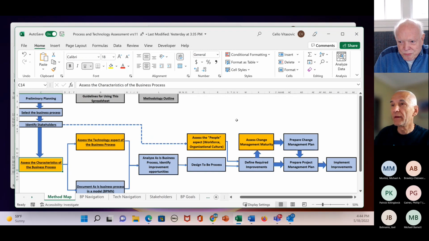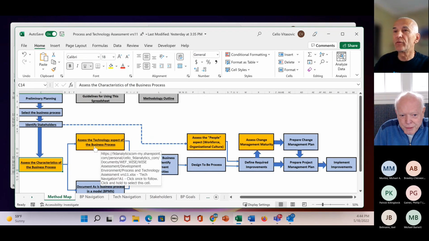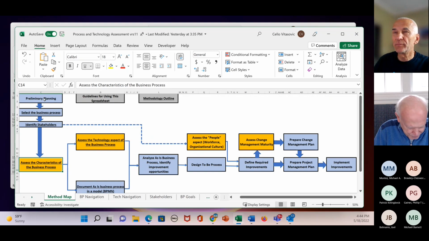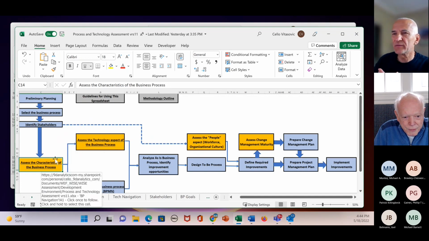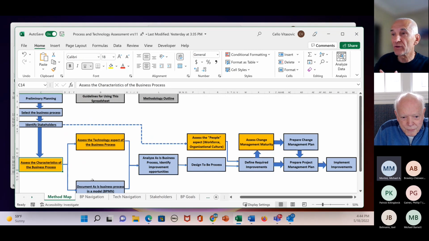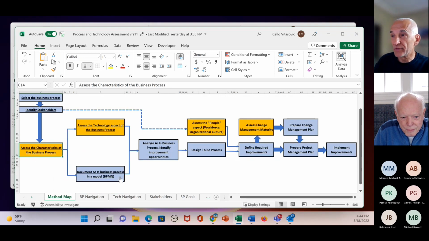Thank you. Yeah, so this shows the overall map. We have the process to do preliminary planning, to select the business process, to identify the stakeholders, then look at what this business process is like, to develop and document a business process model, to assess the technology, and then to assess the people and workforce issues.